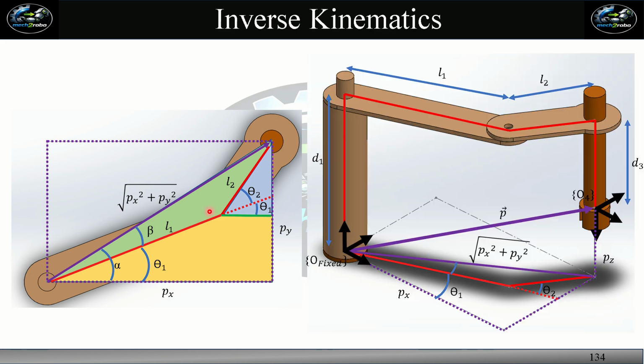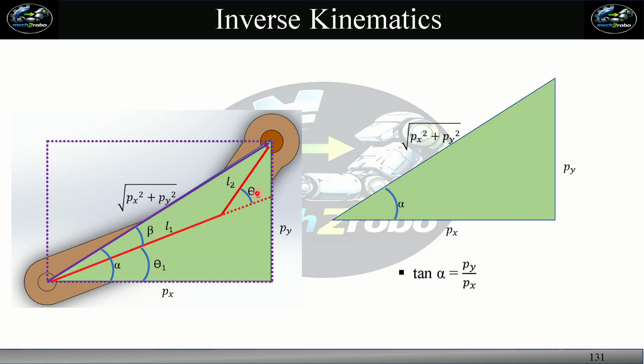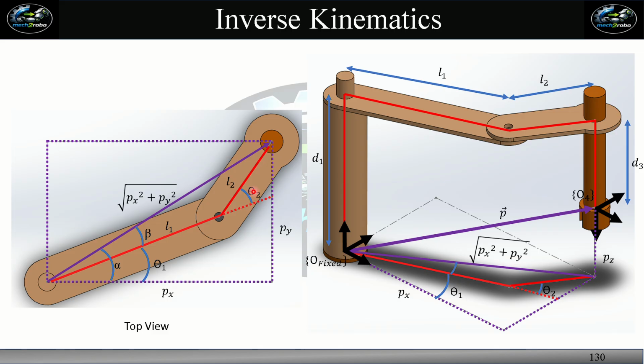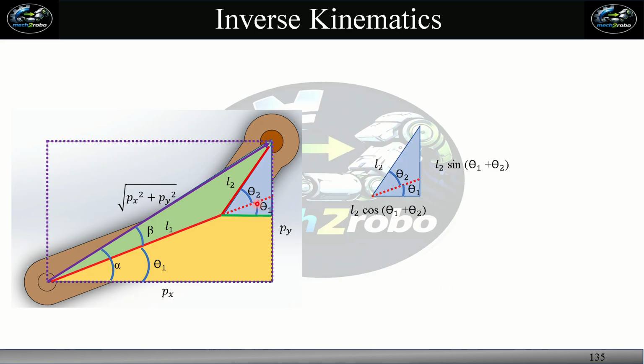We just draw a horizontal line, because this angle is theta 1, and we shift this angle here. Thus we get this right angle triangle having angle theta 1 plus theta 2 and hypotenuse L2, and we resolve this L2 along two mutually perpendicular directions: L2 sin(theta 1 plus theta 2) and L2 cos(theta 1 plus theta 2).